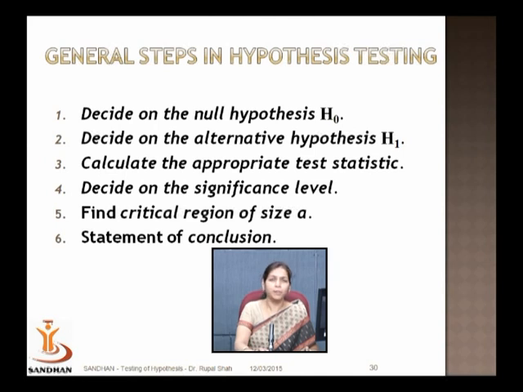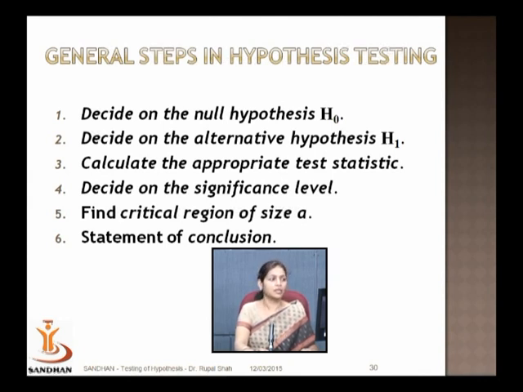So framing the proper null and alternative is very important. If your hypotheses are not framed correctly, you may at the end arrive at a wrong decision, a wrong conclusion. So framing of the hypothesis is very important, and the researcher or experimenter has to decide it looking at the problem under study.